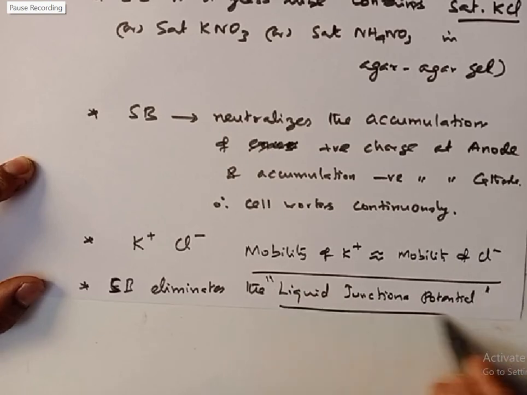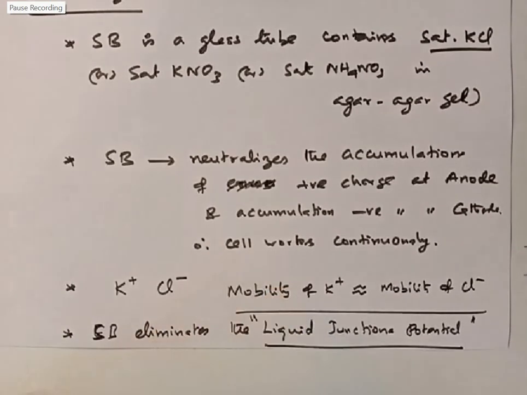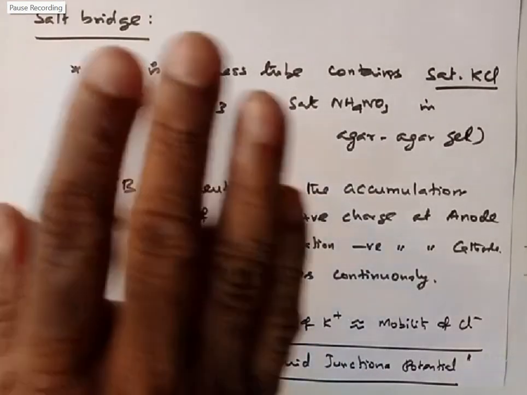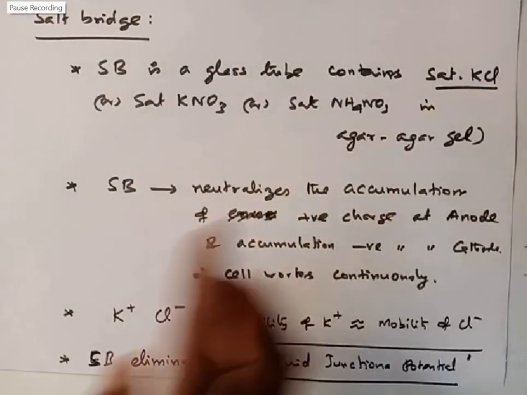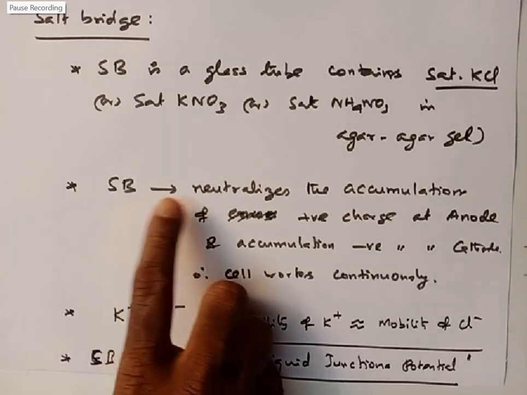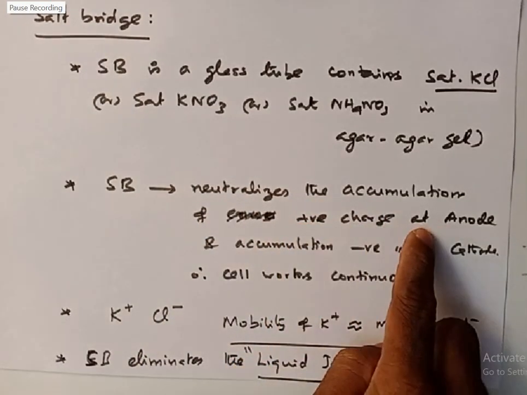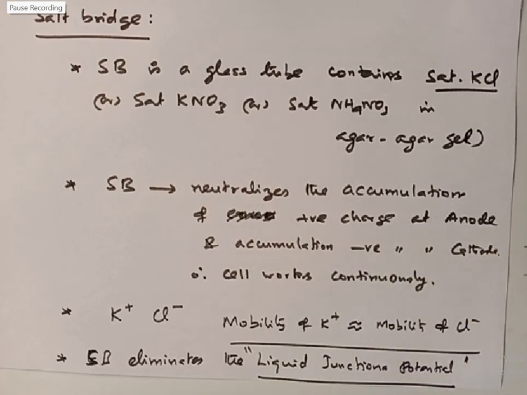This is another important point you should remember. Okay, take down. What is the purpose of salt bridge? Salt bridge is a glass tube, contains saturated potassium chloride or saturated potassium nitrate or saturated ammonium nitrate in agar-agar gel. And salt bridge neutralizes the accumulation of positive charge at the anode and accumulation of negative charge at the cathode. Therefore, cell works continuously.